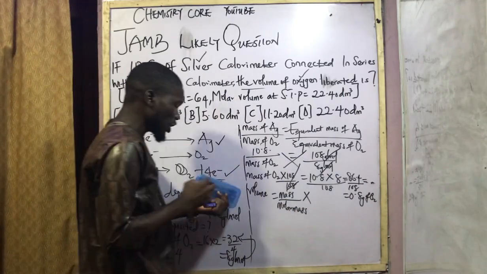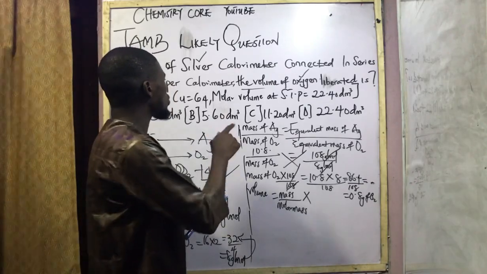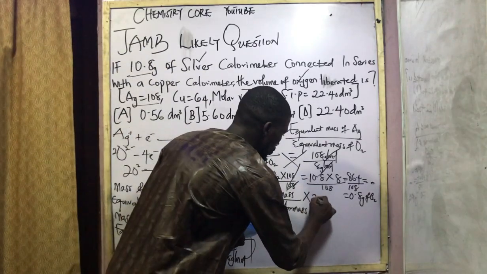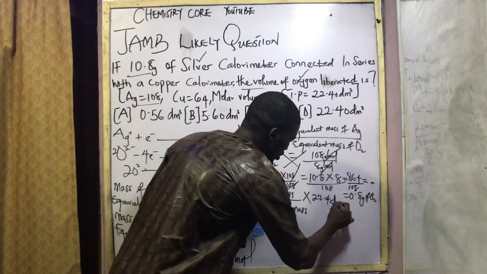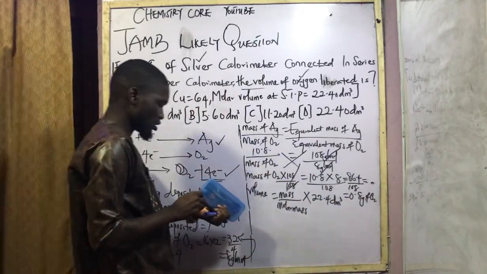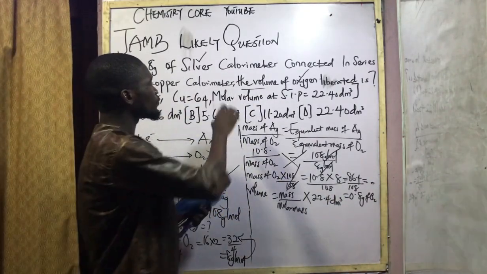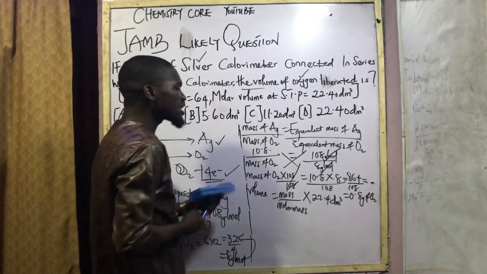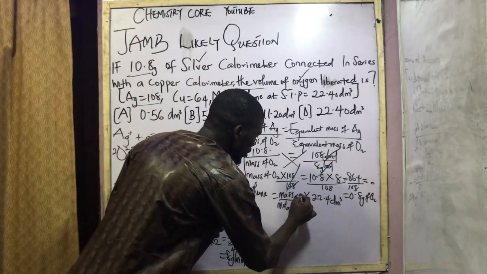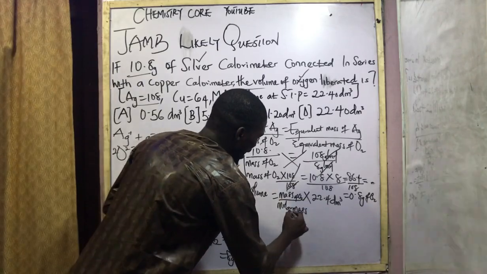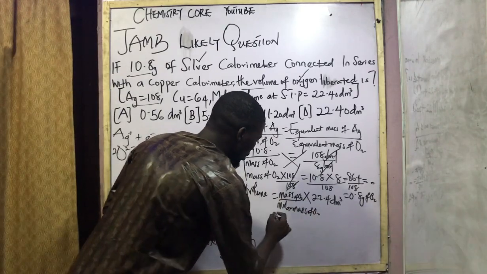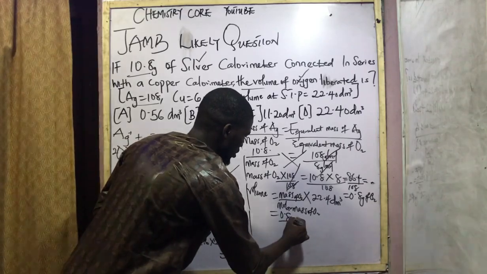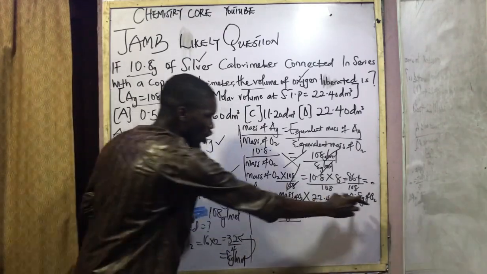Since we have introduced the volume, let's go back to the molar volume at STP, which is 22.4 dm³. Guys, we are asked to look for the volume of oxygen liberated. So what is the mass of oxygen over the molar mass of oxygen? That will give us 0.8 of what we have here.